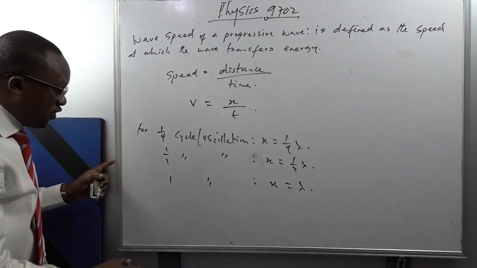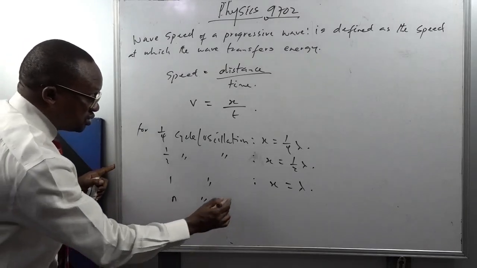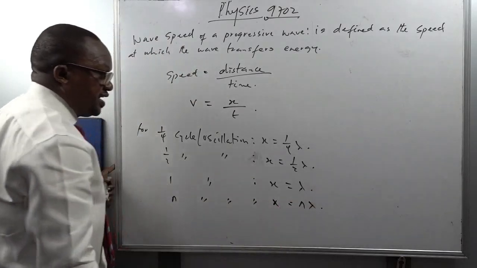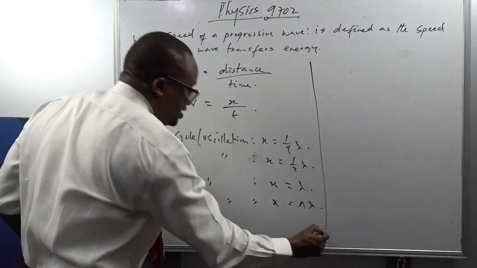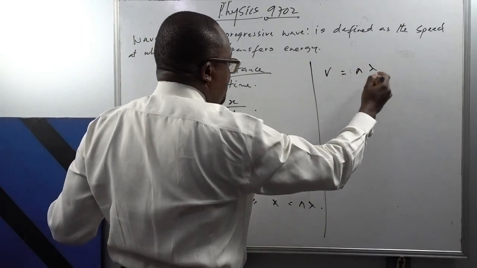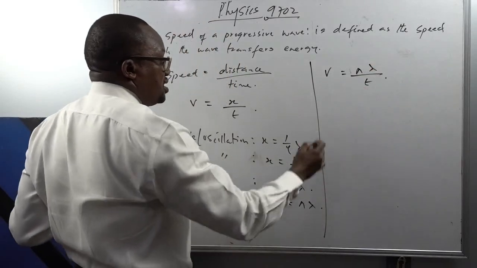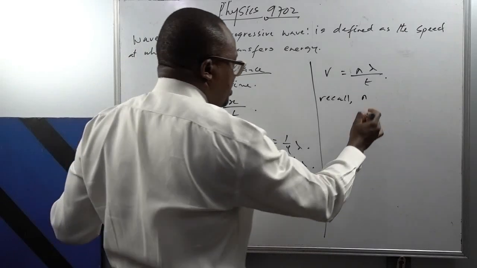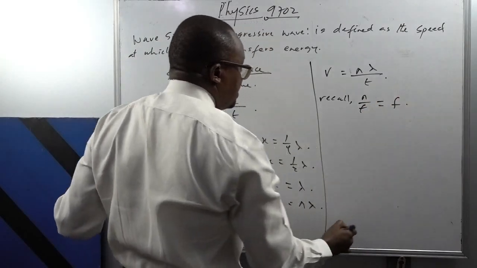So I can say that for n number of cycles, distance covered will just be what? N wavelengths. So the wave speed will be n wavelength over t. And you can recall that the number of oscillations completed per unit time is the frequency.